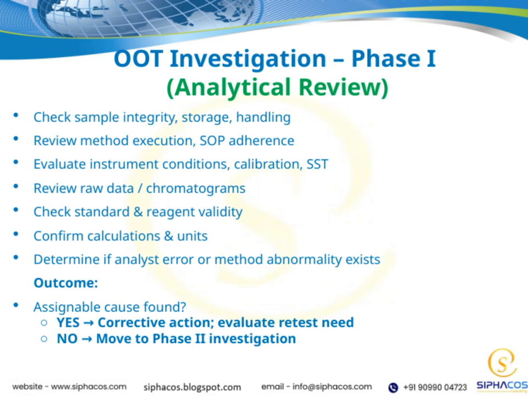This helps us identify if the problem stems from human error or a procedural flaw. The outcome of this review determines our next steps. If we find an assignable cause, we implement corrective actions and evaluate whether a retest is necessary. If no cause is found, we move into phase II of the investigation, which involves a deeper analysis. This initial phase is critical in understanding the root of the issue and guiding our corrective measures.